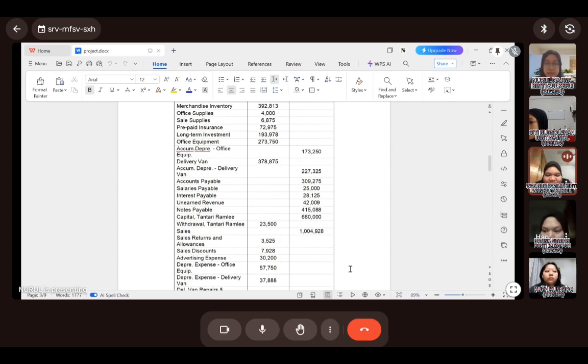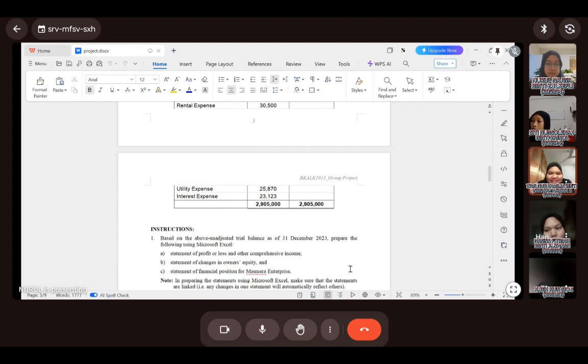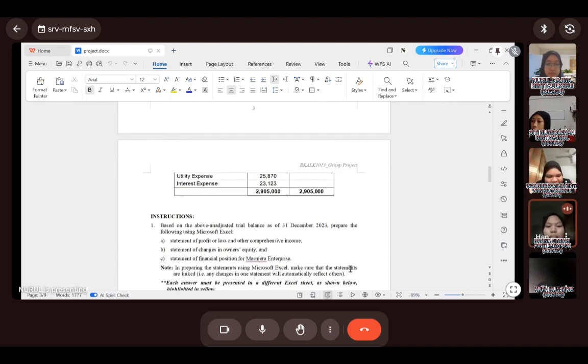Once we finalize the profit or loss statement, we can move on to the statement of changes in owner's equity. Exactly. It's essential to show how net income flows into the equity. This, I think, will help Tantari understand how her business growth impacts her ownership stake.